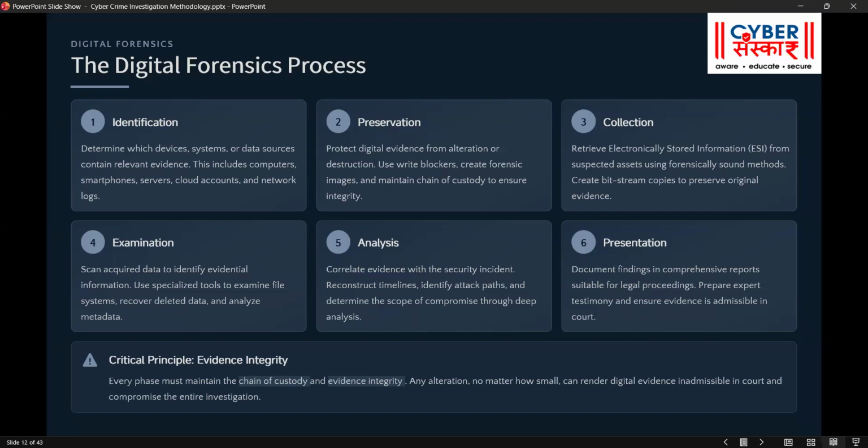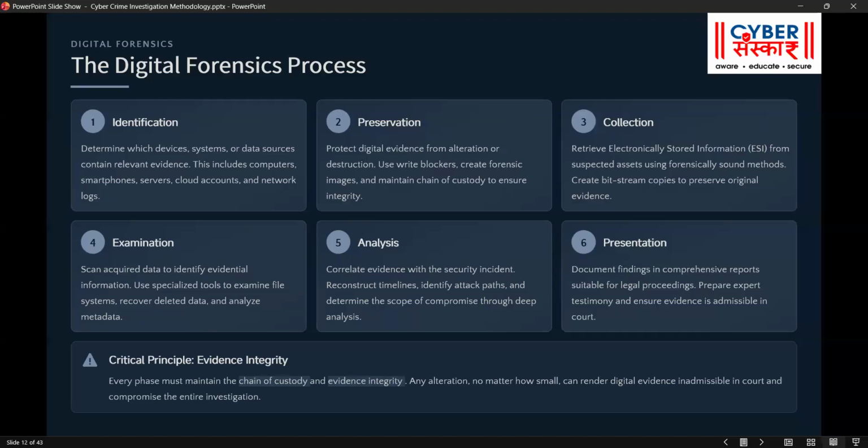Such tools are available with the police as well as some investigating agencies, central intelligence agencies also. They have got specialized tools to examine the file systems. Sometimes they are also available with private investigators. Recover the deleted data and analyze the metadata.